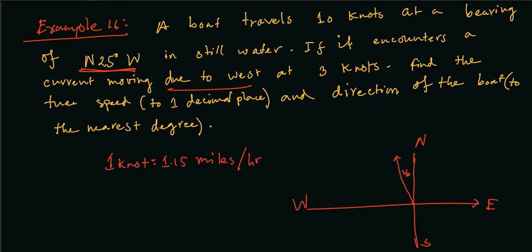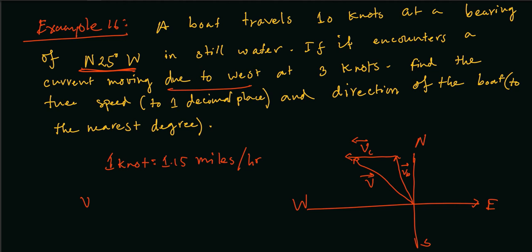The velocity of the current is moving in this direction. We denote this as Vc, and this is also a vector, and V, this is also a vector. Now we can apply the triangle law of vector addition. So the resultant vector will be represented by this line. Let's say this is the vector V.